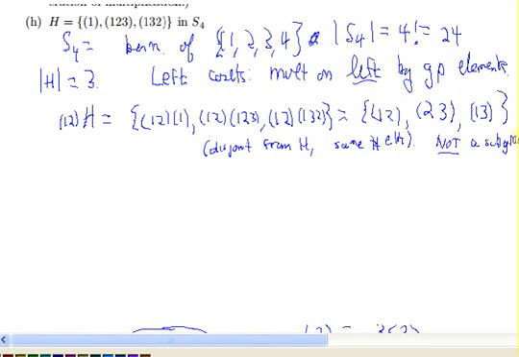Cosets in general are not subgroups. I'll say that again. In general, cosets are not subgroups. There's only one coset in a set of cosets that's the subgroup, and that's the original subgroup that is used to generate the cosets. So this coset is not a subgroup. It does not contain the identity. And it can't contain the identity because cosets are supposed to be disjoint.